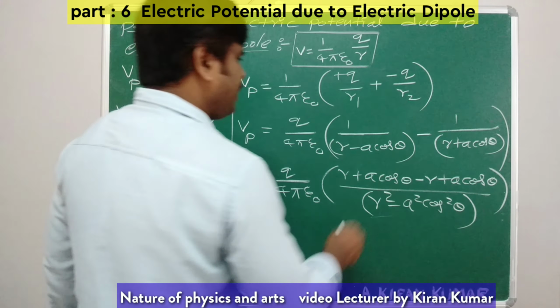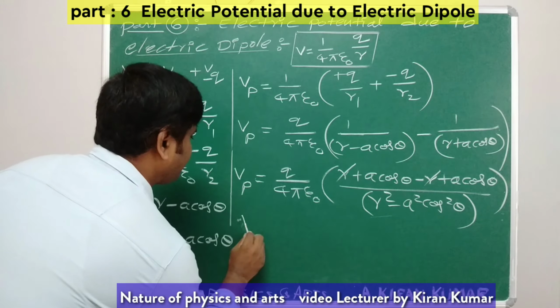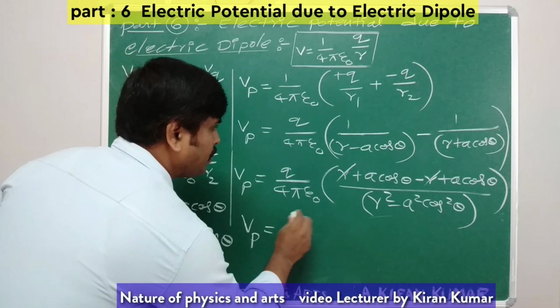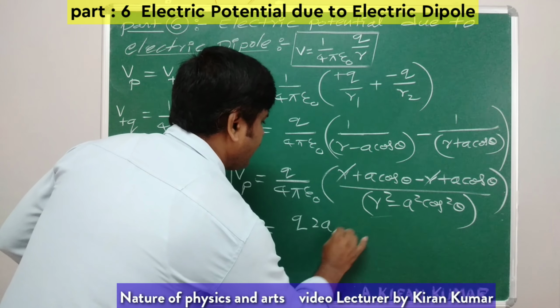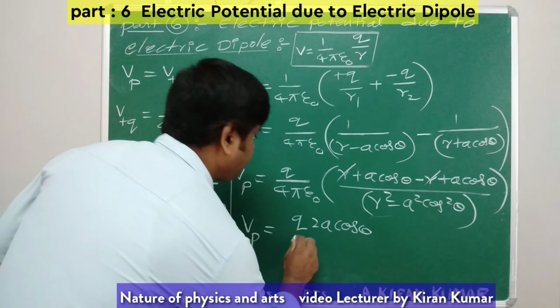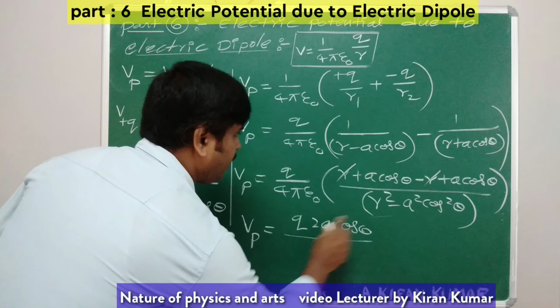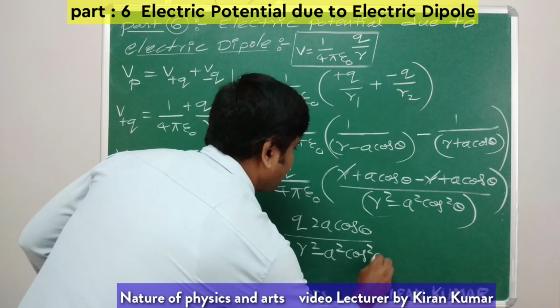Here plus R and minus R get canceled, and in continuation, Vp is equal to q into 2A cos theta, since A cos theta plus A cos theta is 2A cos theta, divided by R square minus A square cos square theta.